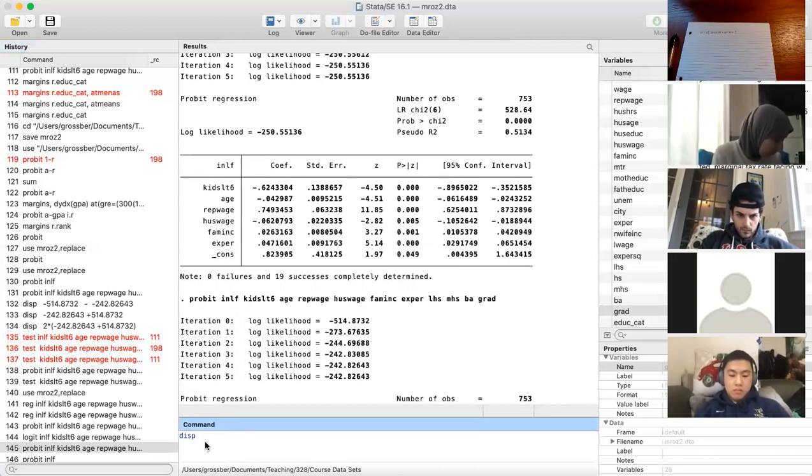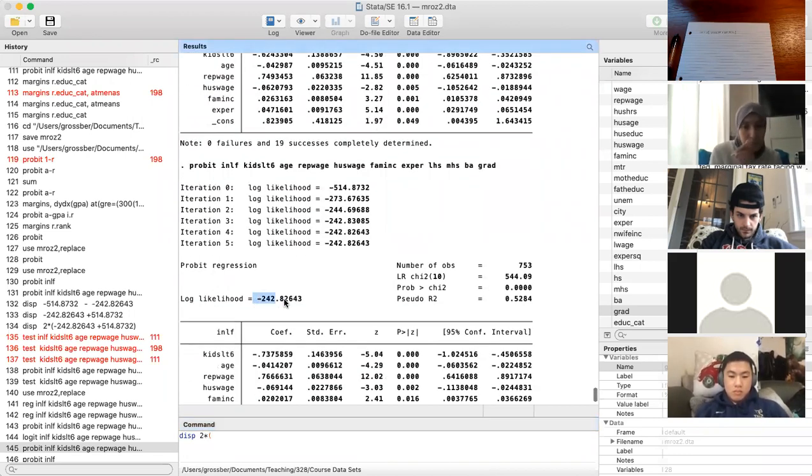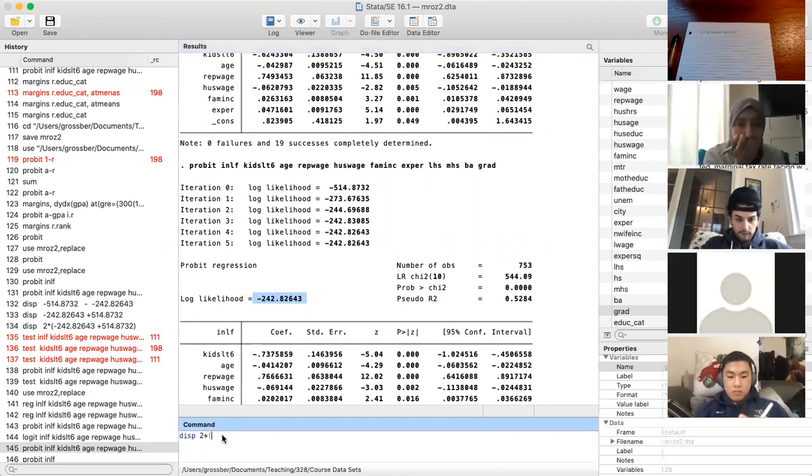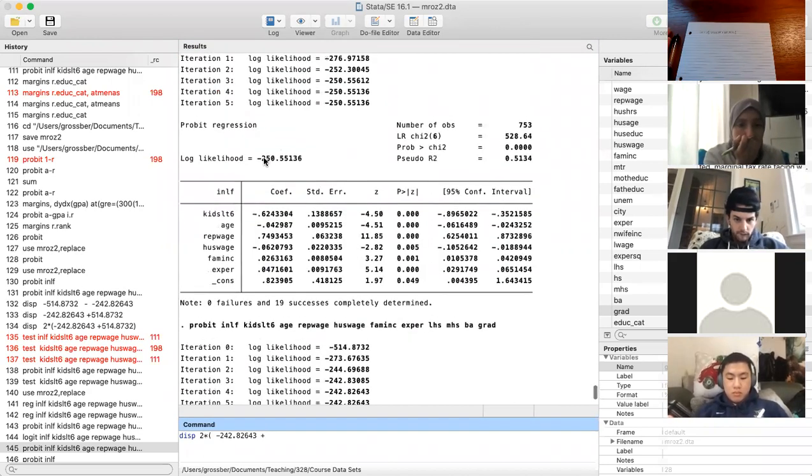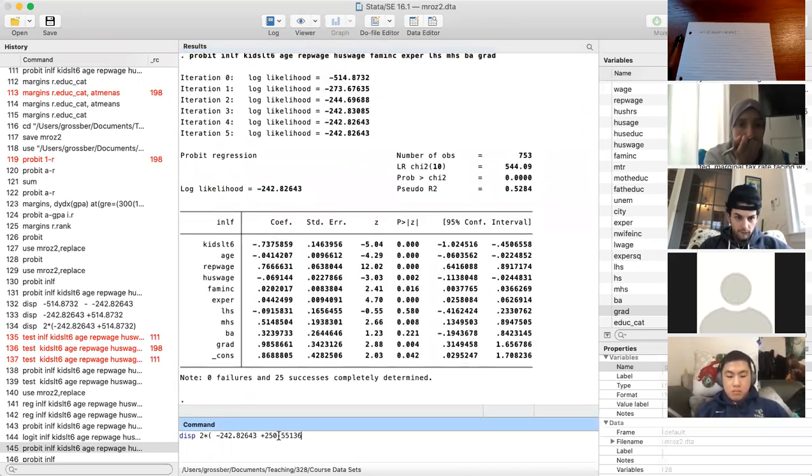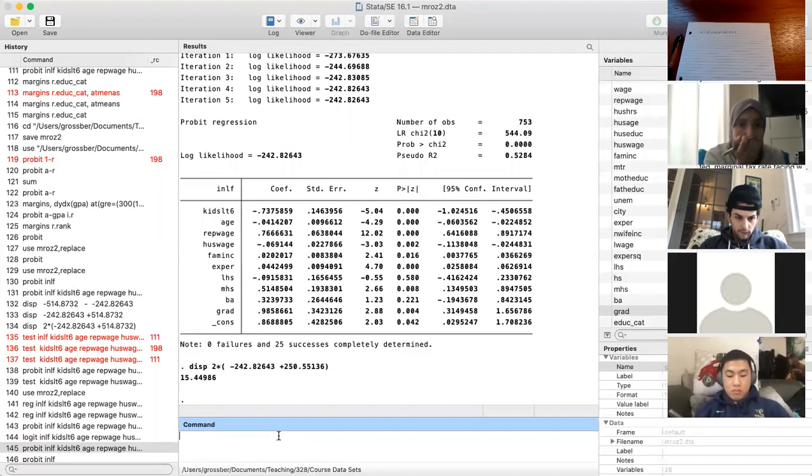We'll display 2 times this minus this, and so here our likelihood ratio test statistic is 15.44986.